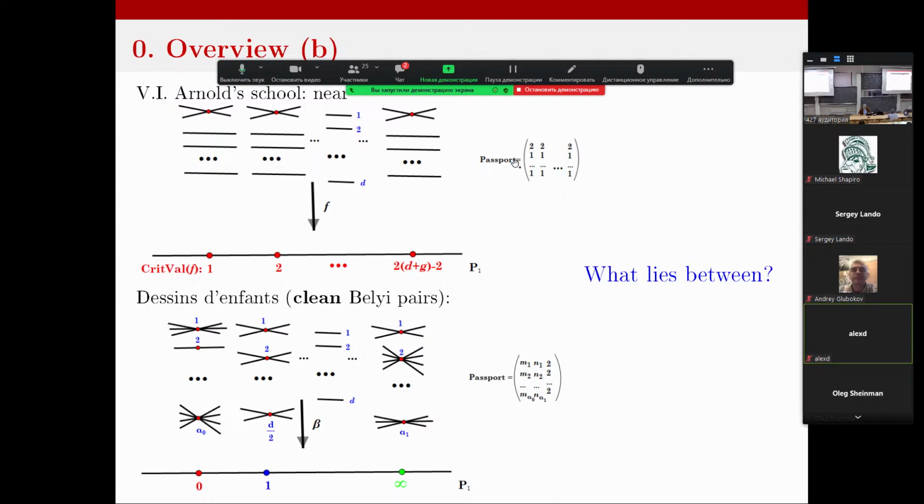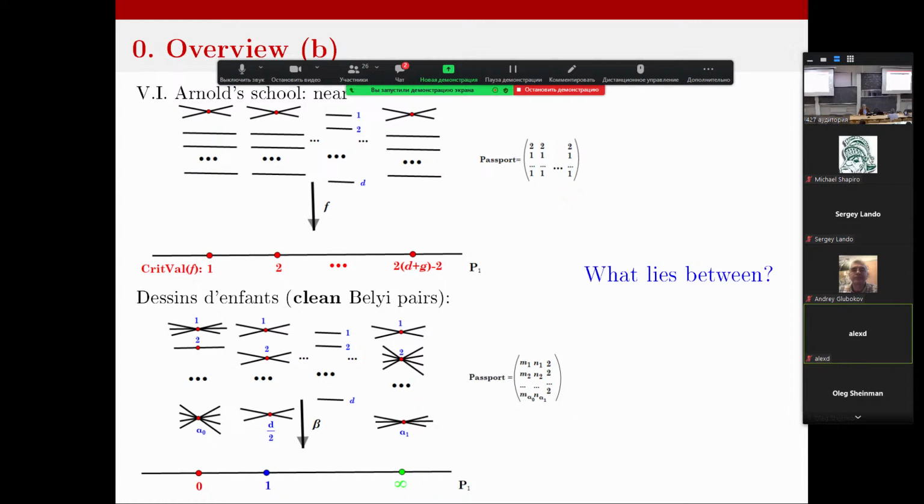I'm writing the passports in a bit non-traditional way, in such a way that the columns reproduce this geometrical picture as the multiplicities over the branch points. So these are two extremities, and basically the talk is about what lies between.